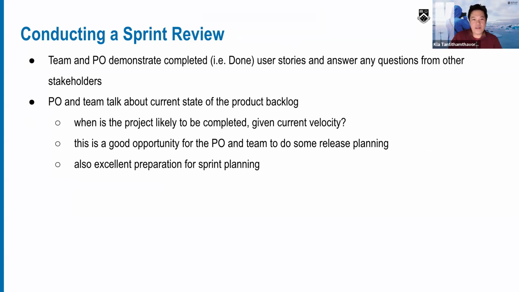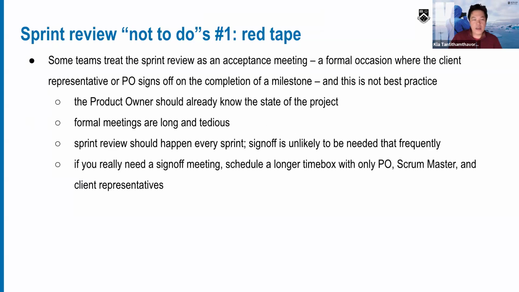Yeah, that's the definition of done. I don't want to repeat it, but there are a few things about the sprint review that you should be aware of, things not to do, the red tape here. First, some teams treat the sprint review as an acceptance meeting, a formal occasion where the client representative or the PO signs off on the completion of a milestone.